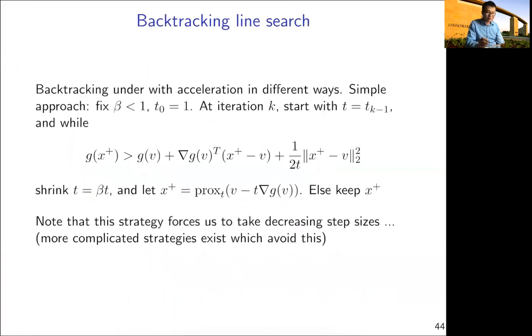But there is something that makes this approach not so satisfactory, because once you hit a point where your step size is chosen to be really small, you cannot really go back up and choose a larger step size. So this has practical consequences: if you use this method to choose the learning rate, you cannot go back, and maybe at the end of the day you end up using very small learning rates throughout the optimization.